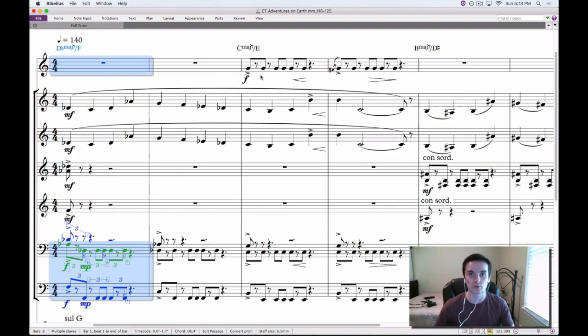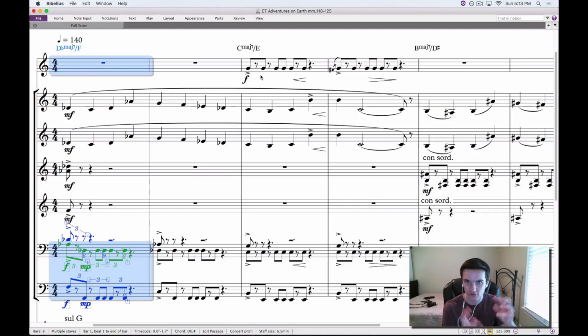So again, you really need to familiarize yourself with, and I think Korsakoff has a good relative dynamics chart. And I have a good chart somewhere on my computer. I might be able to link that in the description if I can find it, showing, for example, that one horn is half the dynamic level of a brass instrument like trumpet or trombone, or the flute in its lower register.